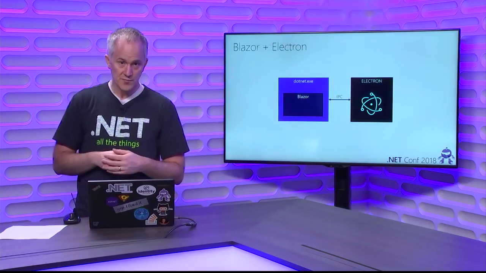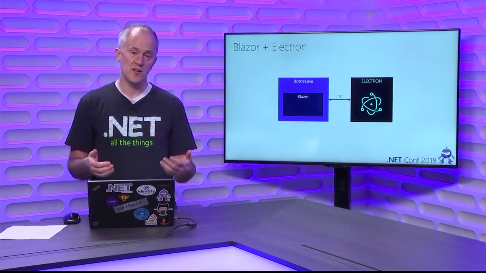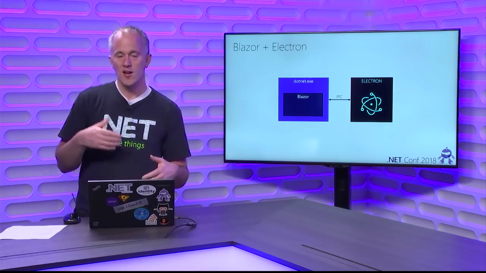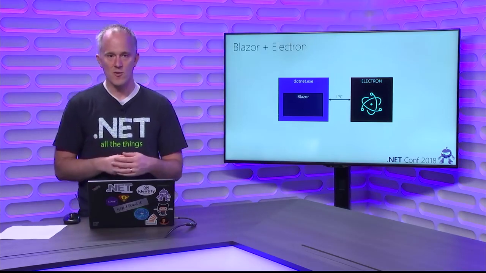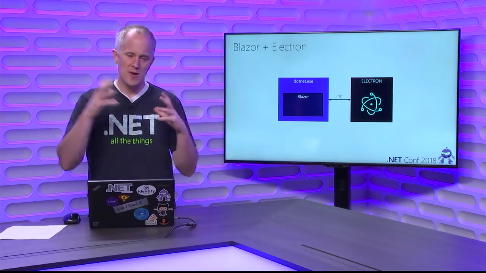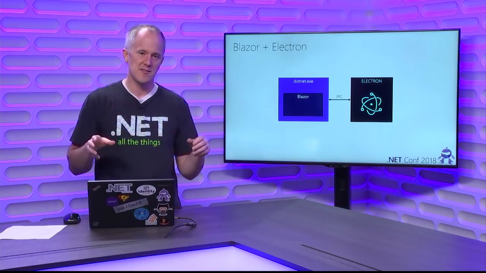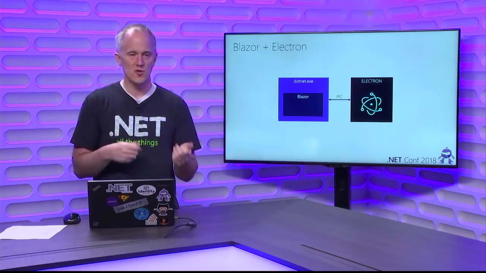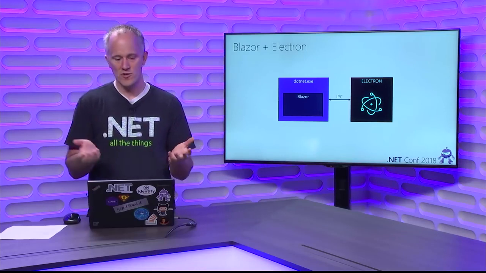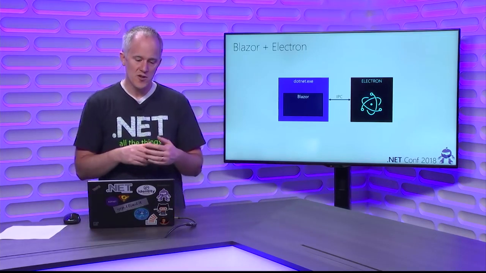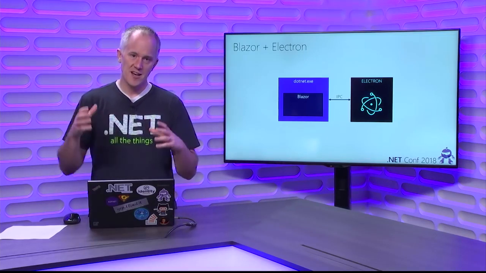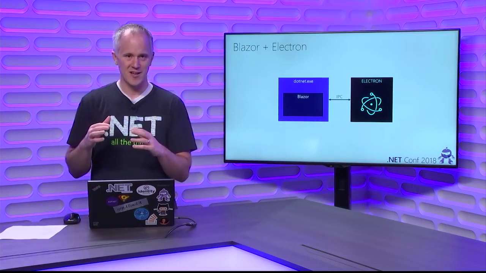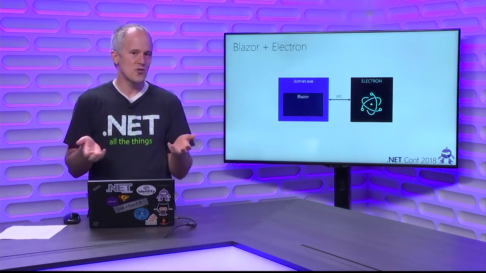For example, maybe you'd like to use Blazor with Electron. Electron is a cross-platform desktop app framework, which is basically a browser shell that's been wrapped in a process that you can use to build desktop applications that run on Windows, Mac, and Linux. So we did a prototype where we took Blazor, and instead of running it on a WebAssembly-based .NET runtime, we just run it on normal .NET Core.